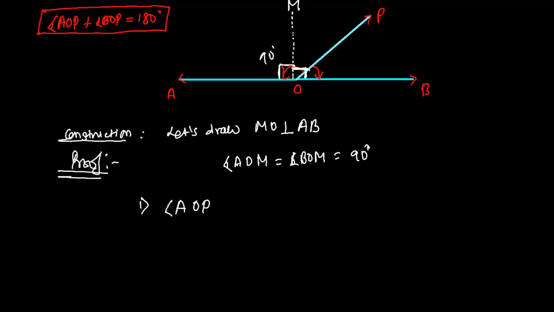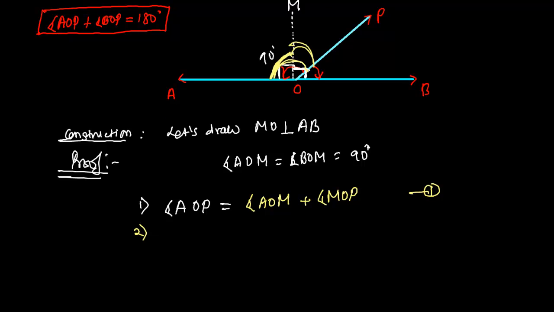Now, in the first stage, I'm writing angle AOP. Can I say this angle is the sum of angle AOM and angle MOP? Yes. So this is the sum of angle AOM and angle MOP. This is my first equation.